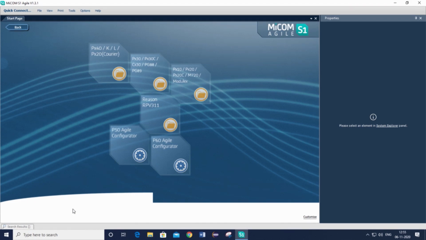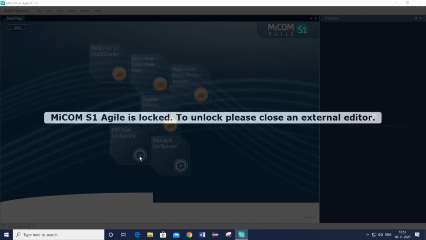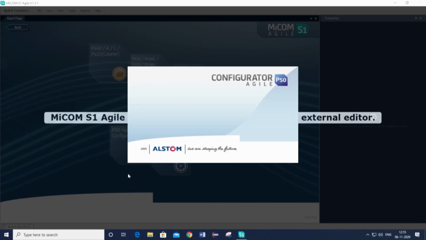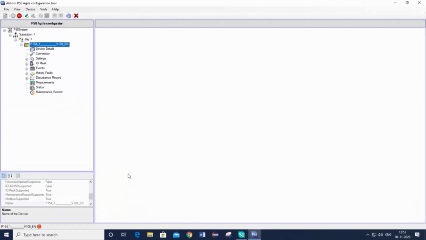Now, we will see how the corresponding settings are obtained and how the corresponding recordings can be seen through the PC. So, entering into this software, which is compatible with this particular relay, if you go to this P154 module, we are connecting to that.